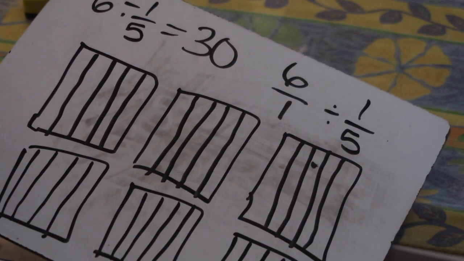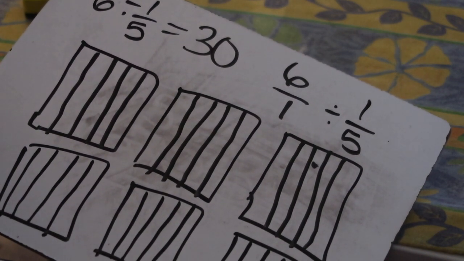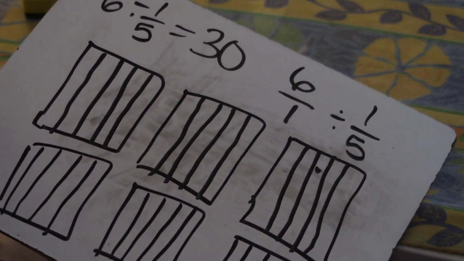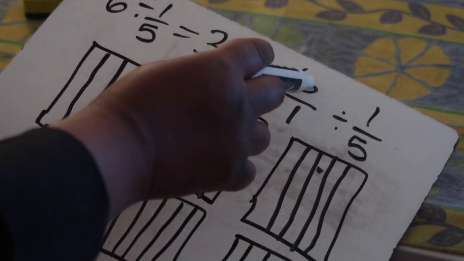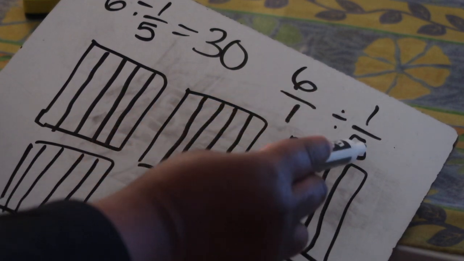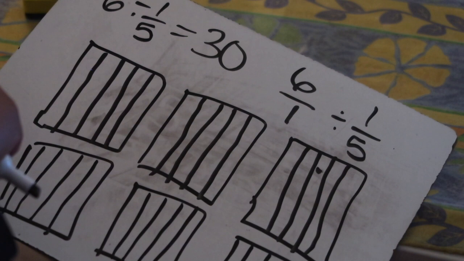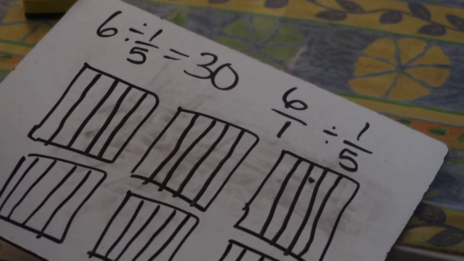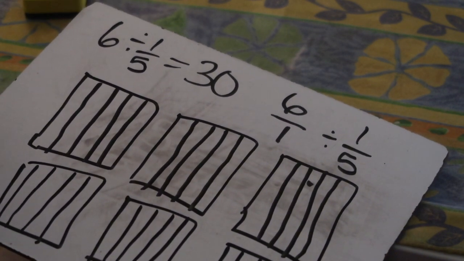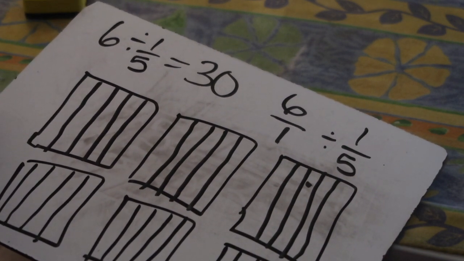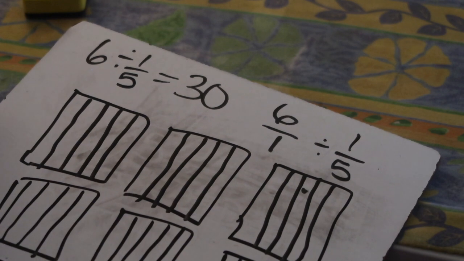So now I have the problem set up with 2 fractions dividing with a division symbol in between. And again, you notice if you multiply the numerator on the first fraction by the denominator of the second fraction, you get the answer. Okay? Pretty soon, in the next couple of lessons, we're going to learn another way, a quicker way, and I think you guys are going to really enjoy that way. But for this lesson, this is how we need to do it.